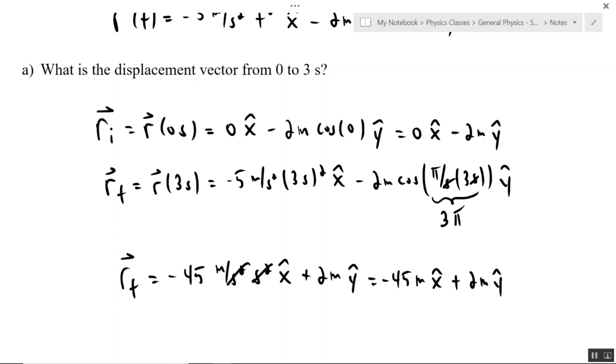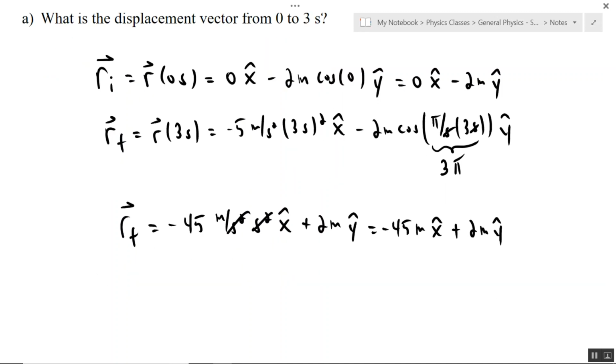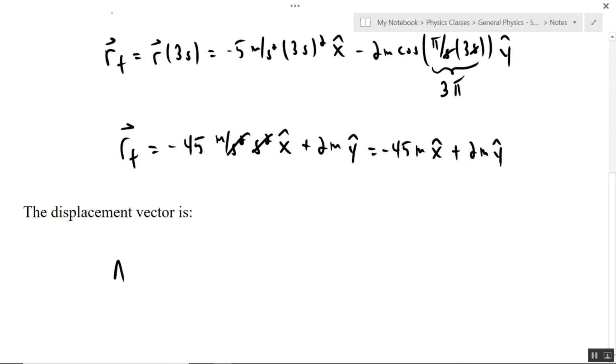All right, so does this make sense so far? Mm-hmm. So now we have to find the displacement vector. This is this thing called delta r. It's just the difference of these two vectors.